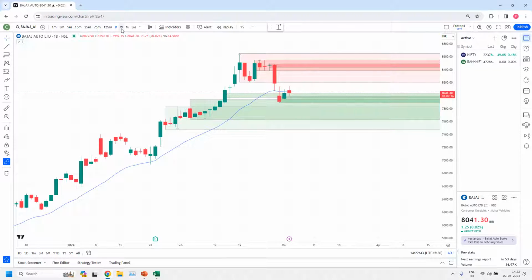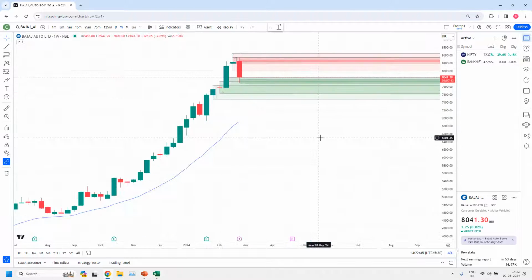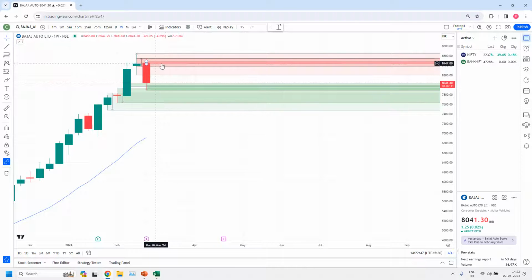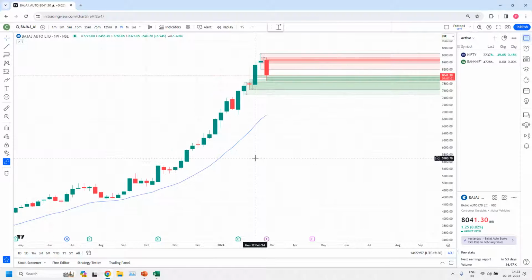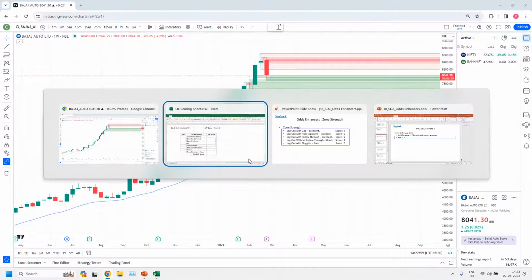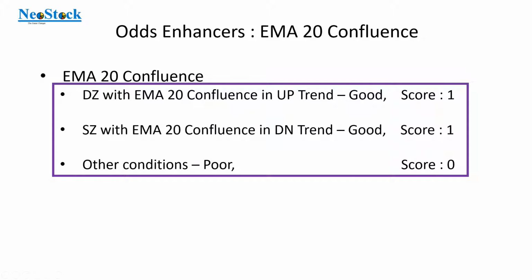What is HTF for us? Weekly. Is weekly having EMA Confluence with the supply zone? No. So that is the reason why this is not having EMA Confluence. When it is not having EMA Confluence, which value are we going to add? We are going to add 0.